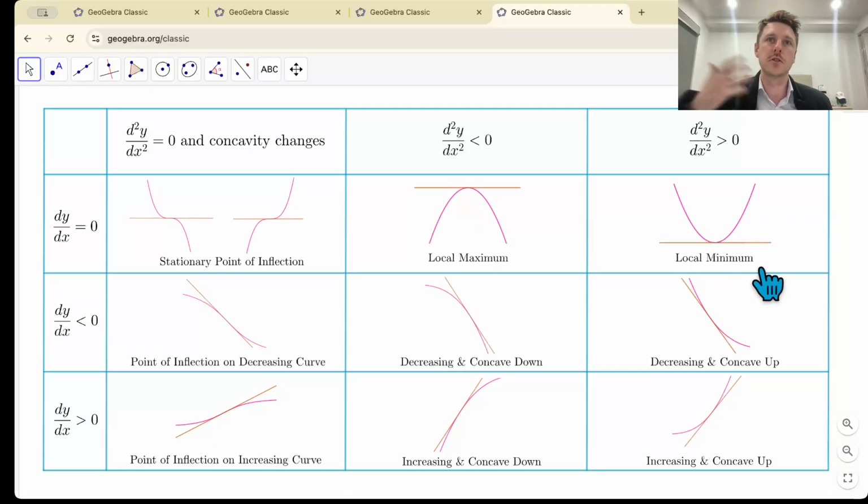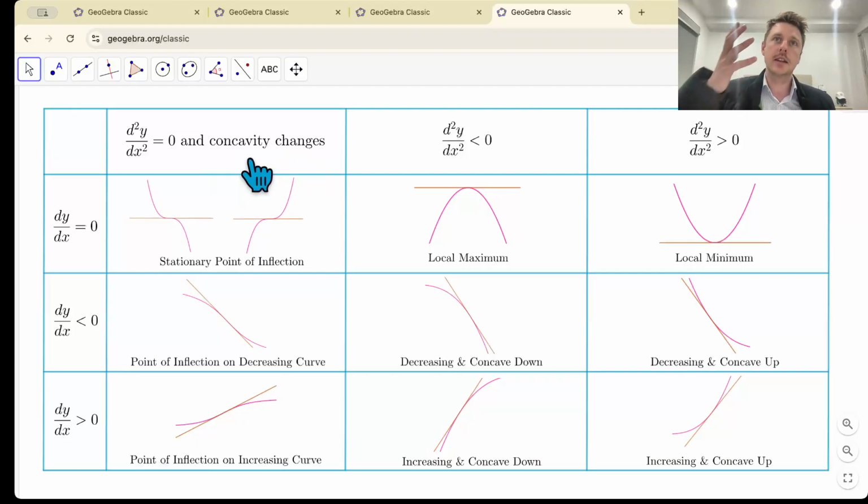So if you're doing the algebra and you realize that the first derivative is zero and the second derivative is less than zero, then you know it's a local maximum. And similarly, if the second derivative is greater than zero, you know it's a local minimum. And then from there it gets a little bit more confusing. So let's look at the situation where the second derivative is zero and the first derivative is zero, but you notice there's a condition here, and the concavity changes.